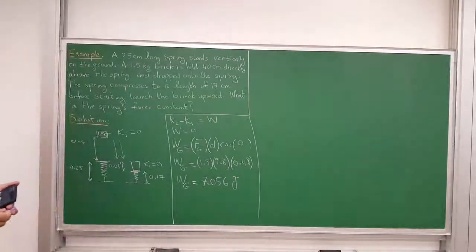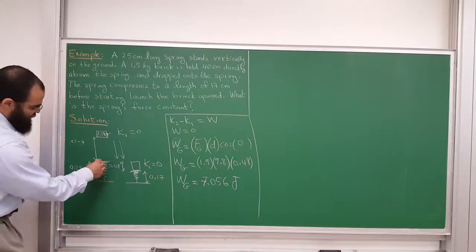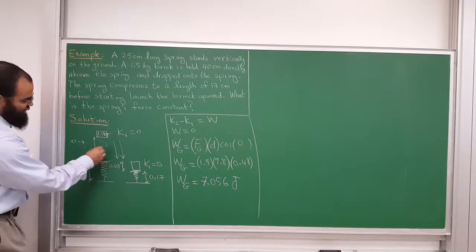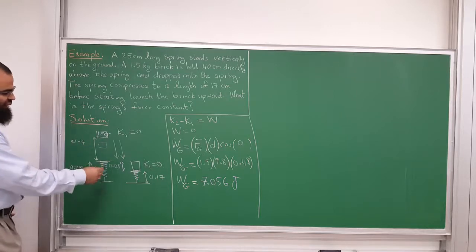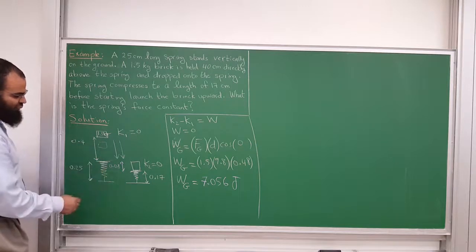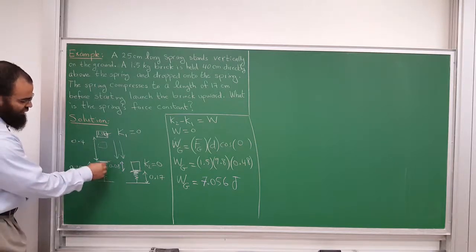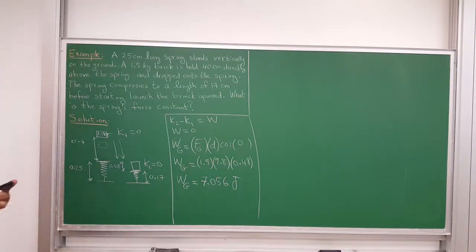Now, what's the work done by the spring? When the mass is up here, the spring has not done any work because there is no contact between the mass and the spring. The spring starts doing work when the mass hits the spring and it starts to compress. So the spring has done work for 8 centimeters only, and the force of the spring is not constant.